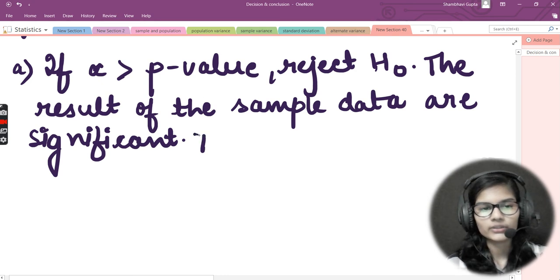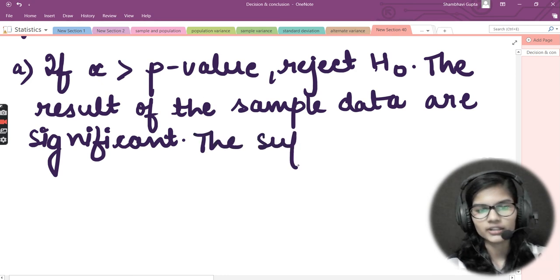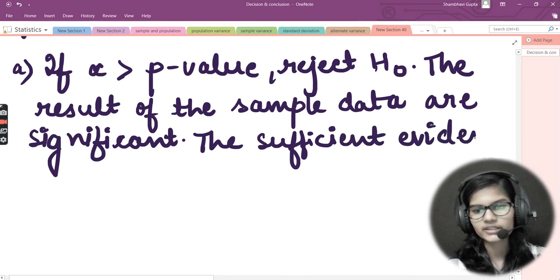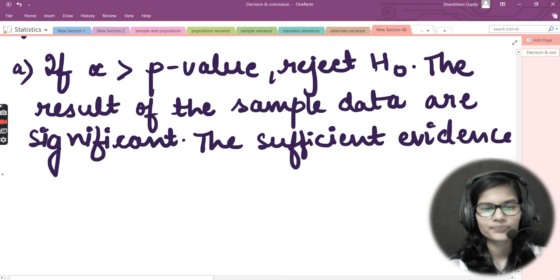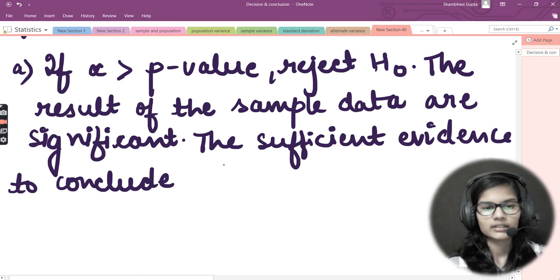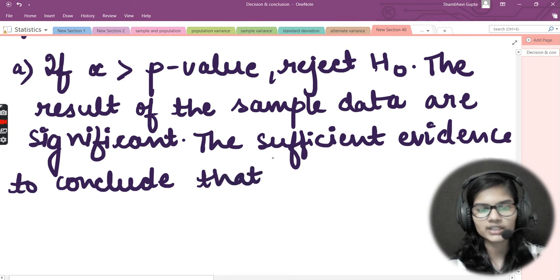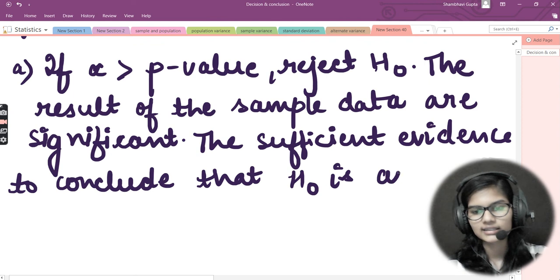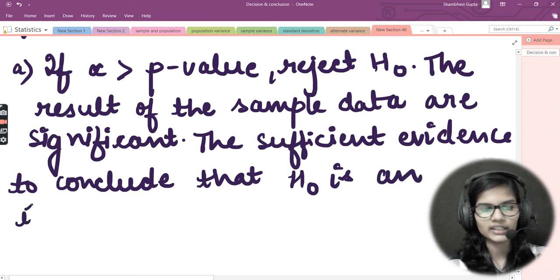So I would write here: sufficient evidence to conclude that H naught is an incorrect belief.